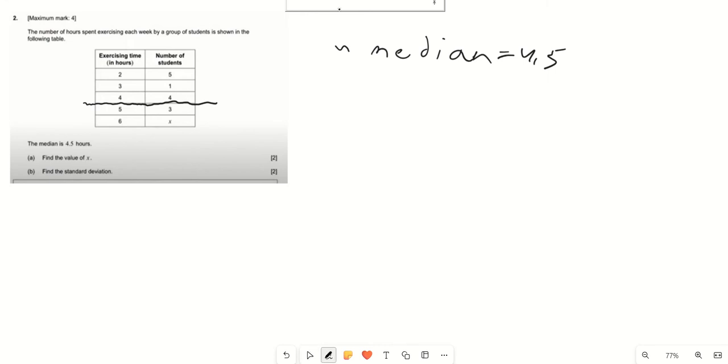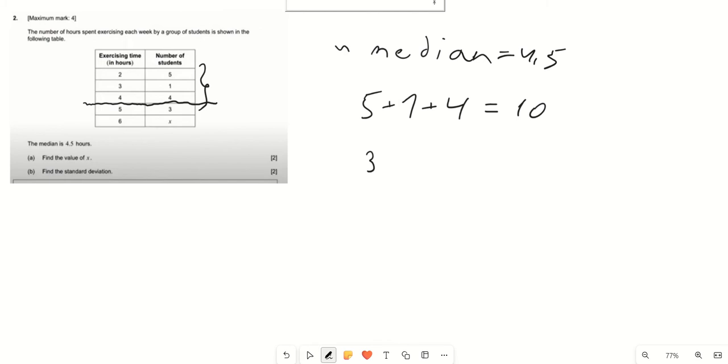Now we have here 5 plus 1 plus 4 students, which is 10. So 10 students spent less than that preparing, and since it is the median, then also 10 students must spend more than that time preparing.